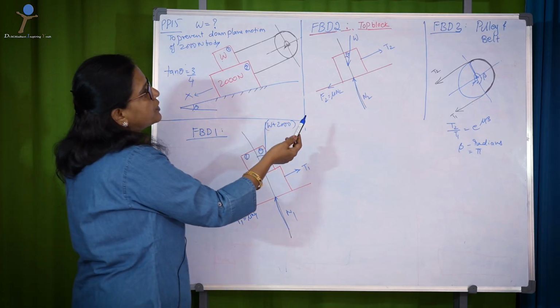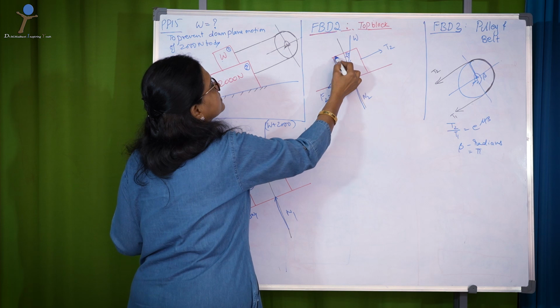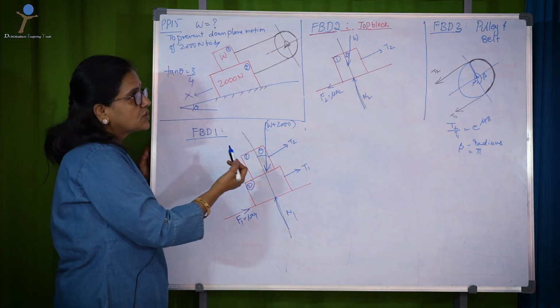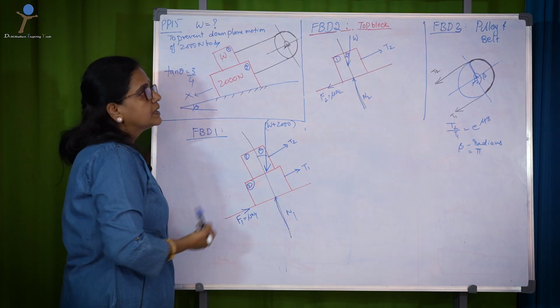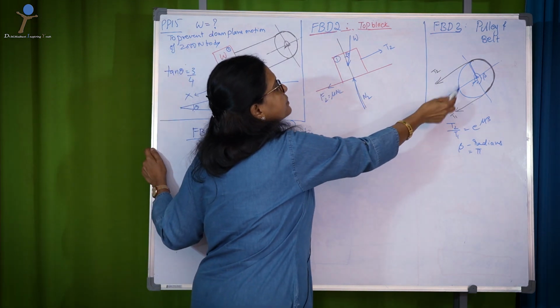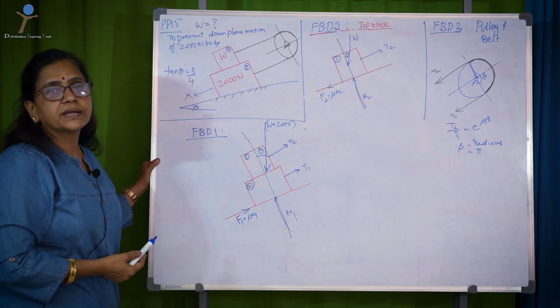In the second free body diagram, consider only the top block, represent the forces on it and solve the problem. And the third free body diagram considers only the belt pulley element, applying the equilibrium conditions to solve the problem.